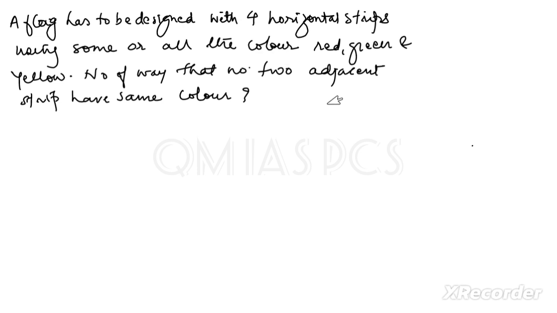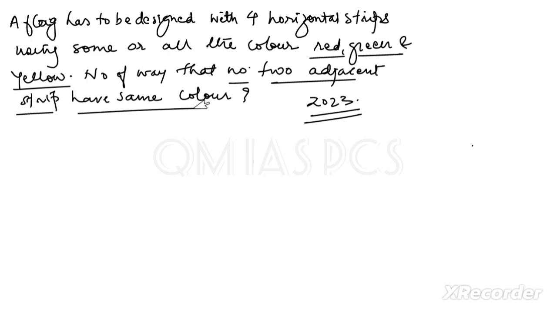This question is from UPSC 2023. So the question is, a flag has to be designed with 4 horizontal strips, using some or all of the colors red, green, and yellow. And the condition is, we have to find how many ways there are so that no two adjacent strips have the same color.